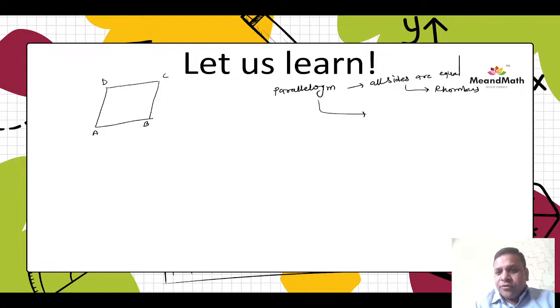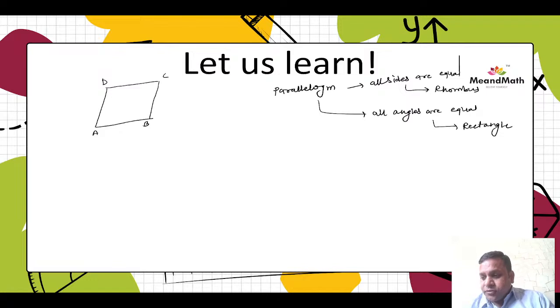And if all angles are equal, then it's a rectangle. Okay. So the special types of parallelograms are rhombus and rectangle.